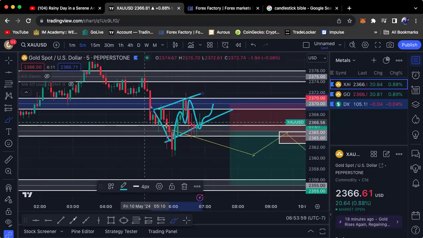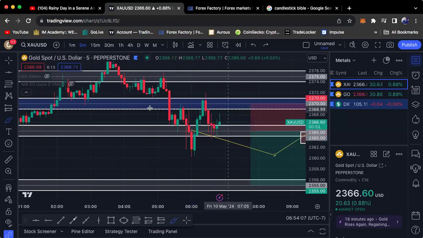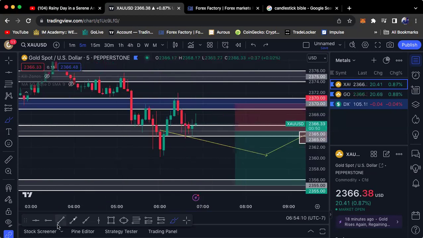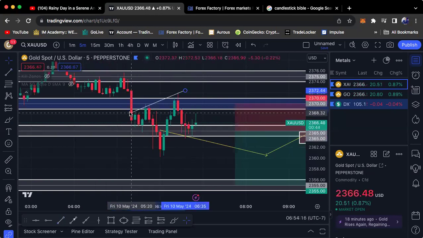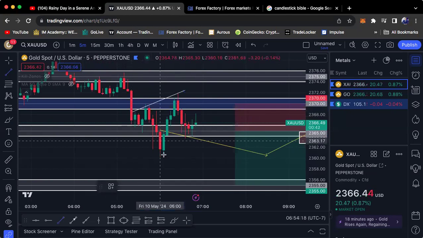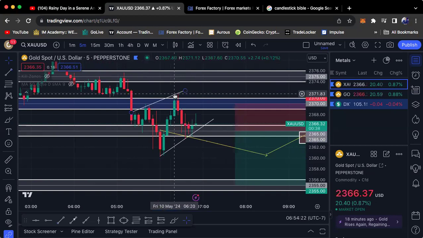And this is all liquidity. Okay, this liquidity here. Whenever it does something like this, that's just building liquidity. Liquidity here. That's liquidity right there.